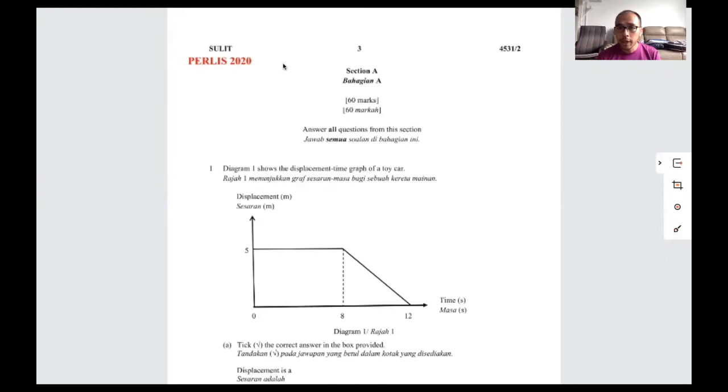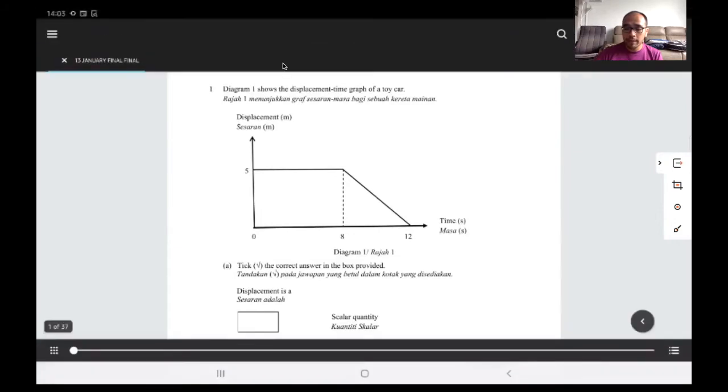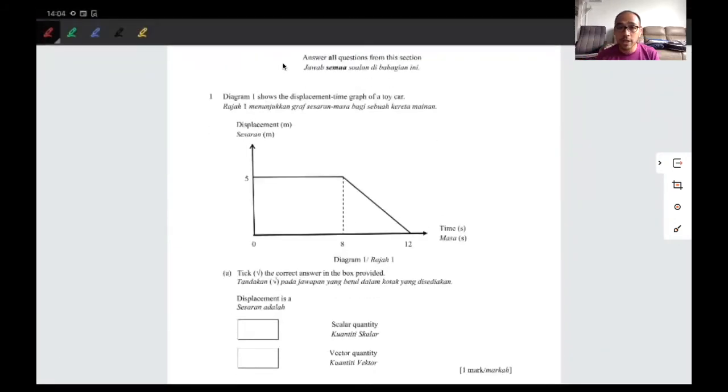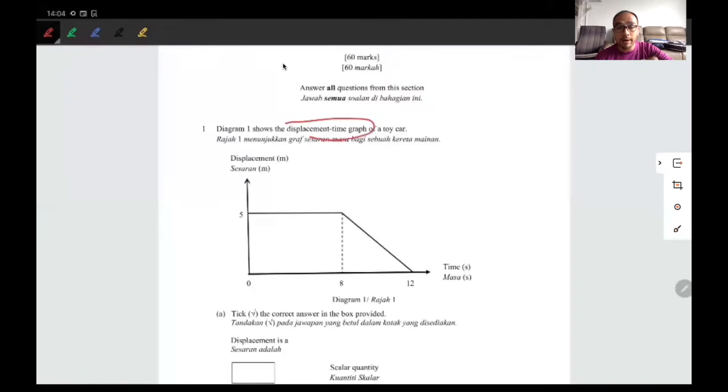So we're going to begin by looking at three similar questions that are asked in 3 states. The first one is from Perlis 2020, and it is the graph. The velocity time and the displacement time graphs seem to be a very popular question this year. Perlis gives us a question that is talking about a displacement time graph.